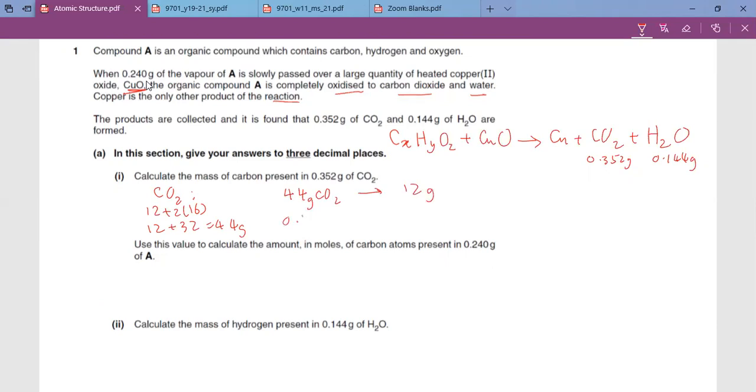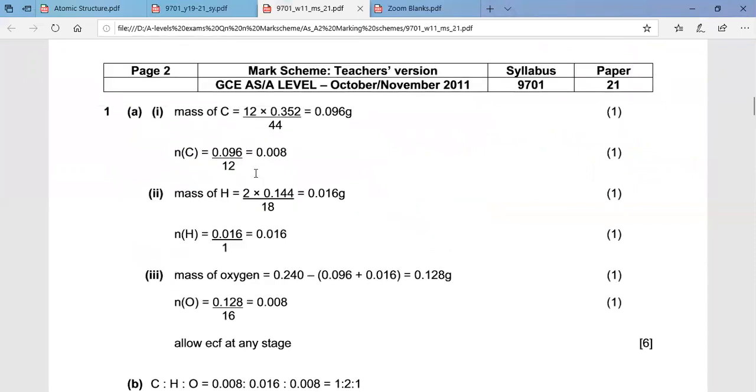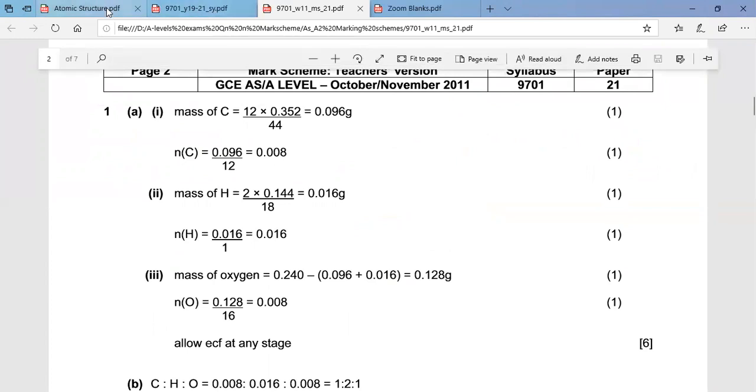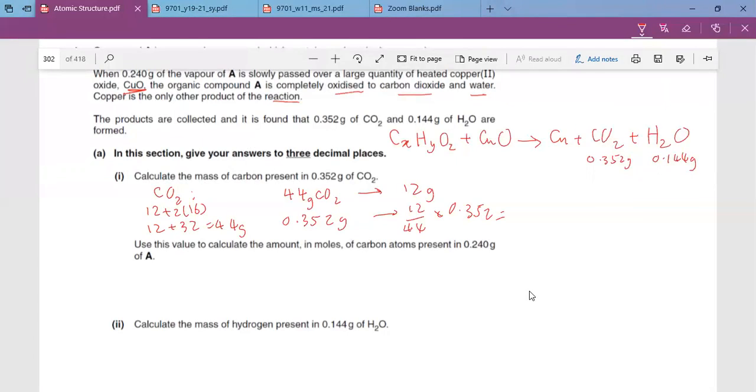So 0.352 grams contain how much? 12 over 44 times 0.352. You can see the answer is given here. So it's 0.096 grams.